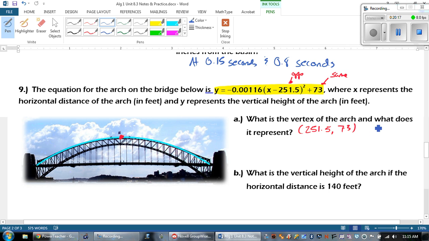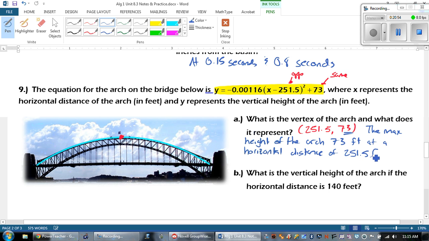So this is the max height of the arch, which was 73 feet, and then it's going to be at a horizontal distance of 251.5 feet. Oh, sorry, we don't need that parentheses there.